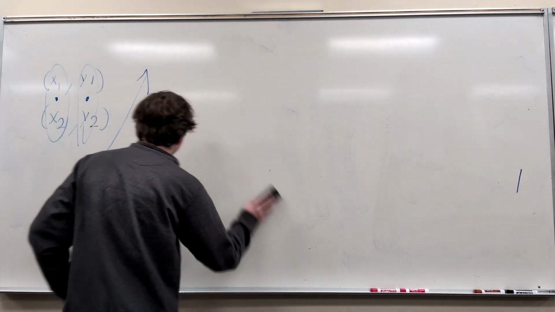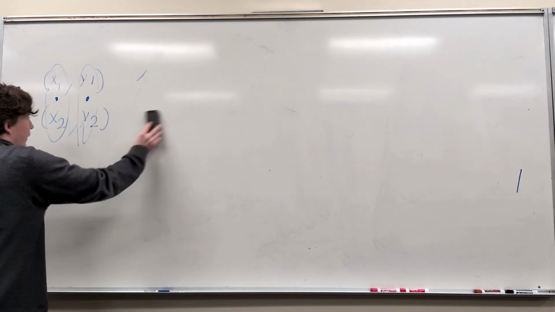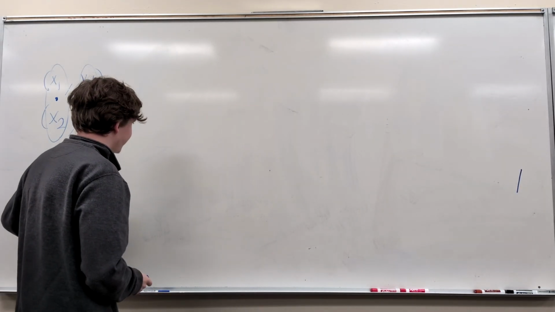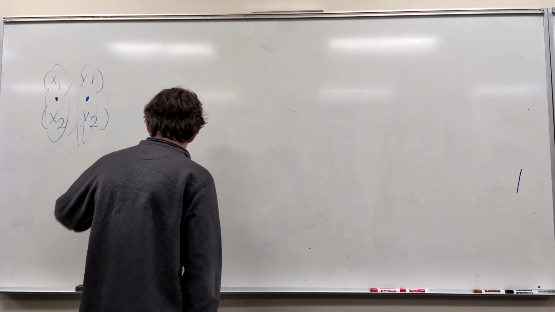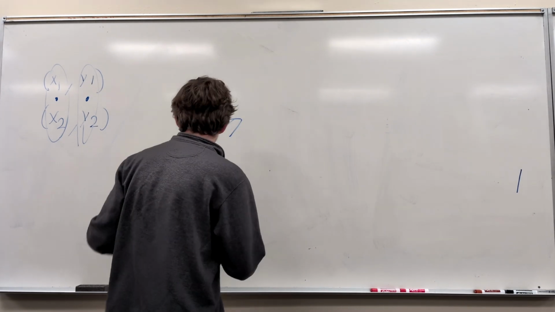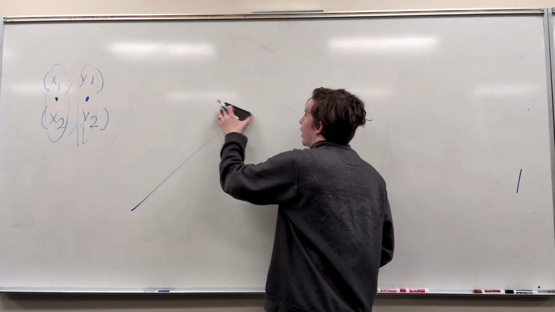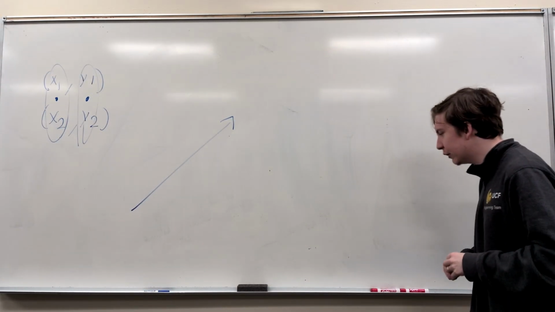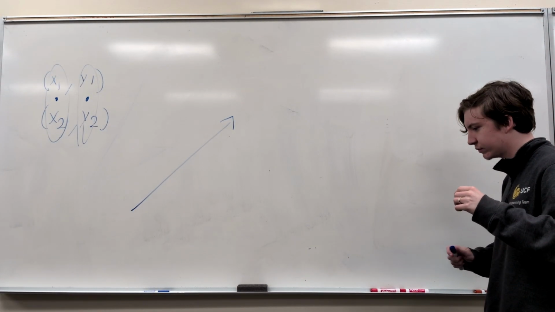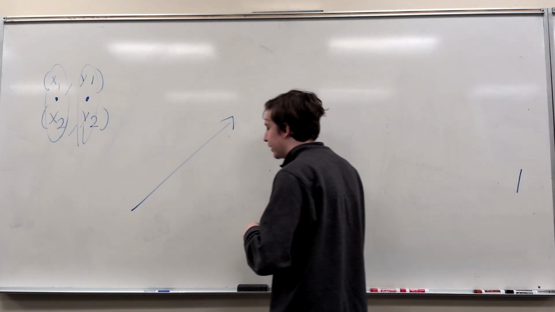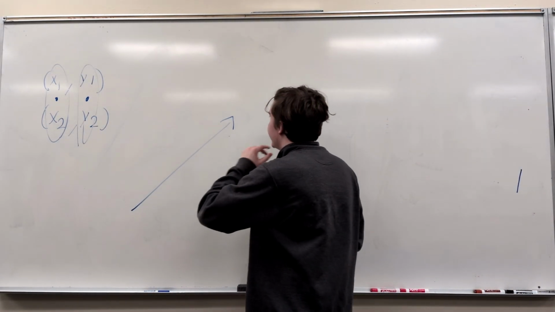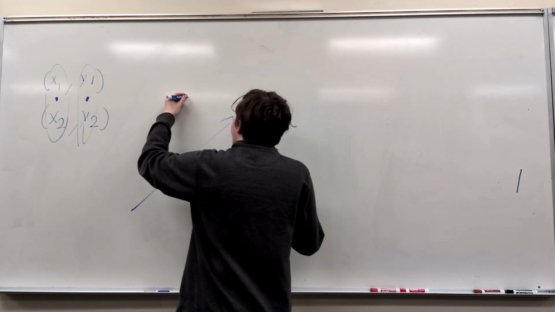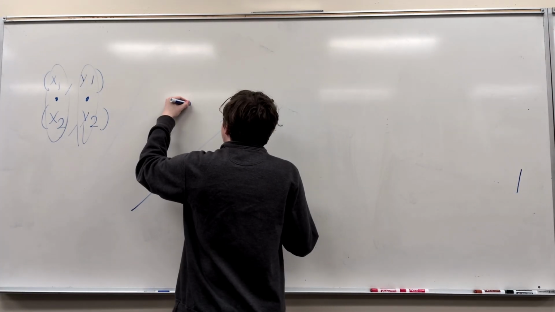Let's visually look at an implication of this. If we have a specific direction vector that we want to dot something with, we have a specific point that's going to be dotted with this vector.